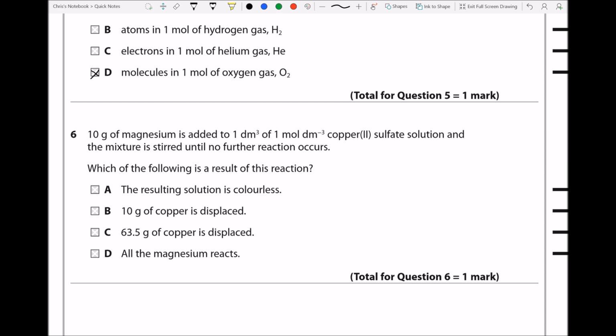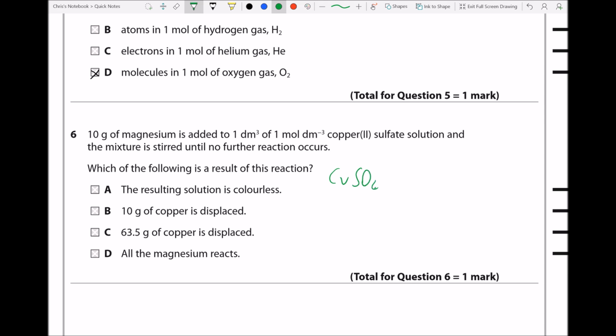Right, what we've got to do is work out the number of moles of both of them, because we're going to try and work out how much we might have more of one than the other, and it looks likely because the answers talk about all the magnesium reacting, etc. So if I work out how many moles of copper sulfate and how many moles of magnesium I've got, it might give me an idea of what might happen with my reaction. So let's work out the copper sulfate first, in light green.